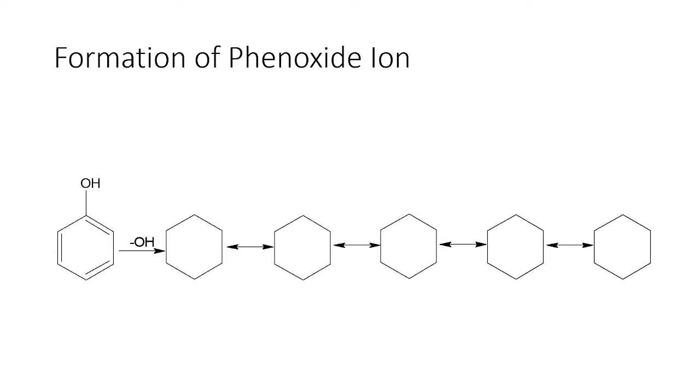So, in existence of OH ions, kapag nagdagdag tayo ng reagent na OH, we will actually be producing what we call phenoxide ions. So, what is so special about phenoxide ion? Sa phenoxide ion, due to the presence of that OH, we will experience elimination reaction of that hydrogen.